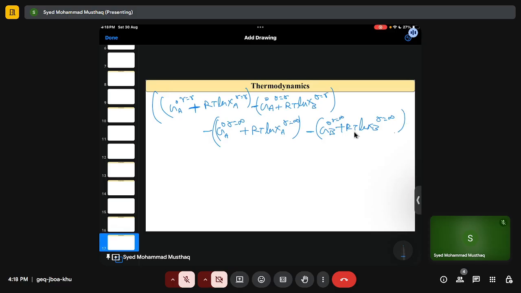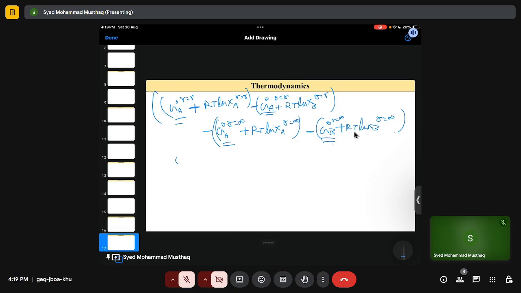Now what are the terms equal to? See, G naught A will not change. The molar free energy is constant, whatever you do. Okay, pure, if you are talking about pure. The molar free energy of pure components is constant, whether you take small R or very large R. It doesn't change very much.